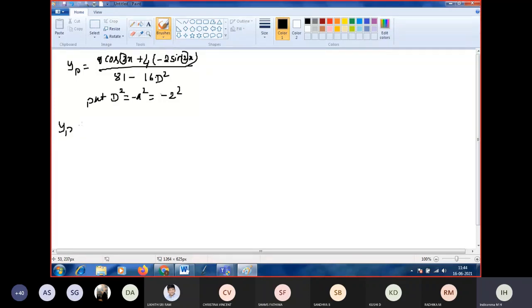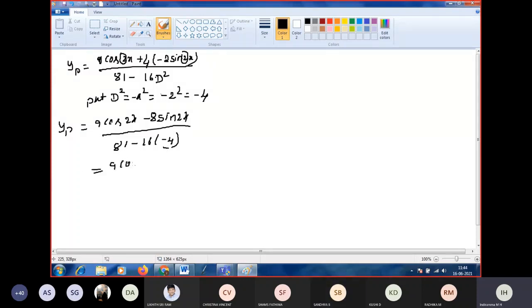Therefore, yp becomes 9 cos 2x plus minus 8 sin 2x, divided by 81 minus 16 into minus 4. D square is replaced by minus 4.